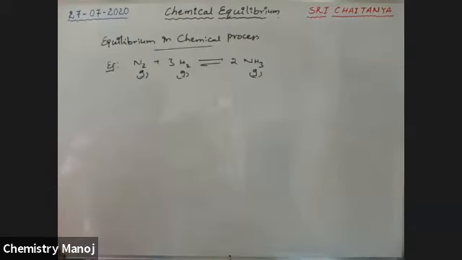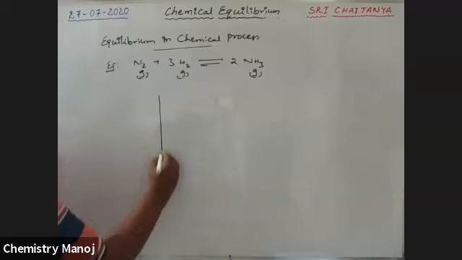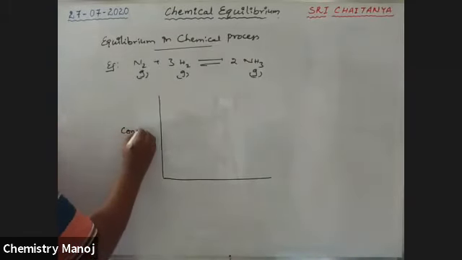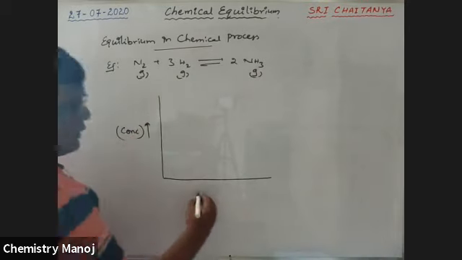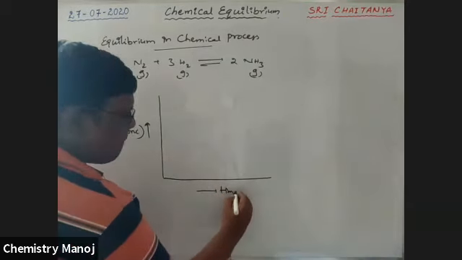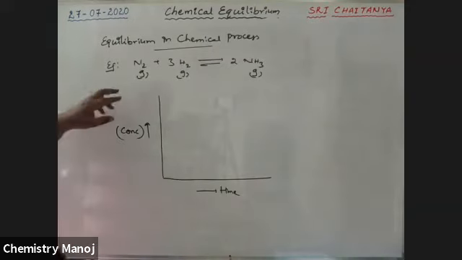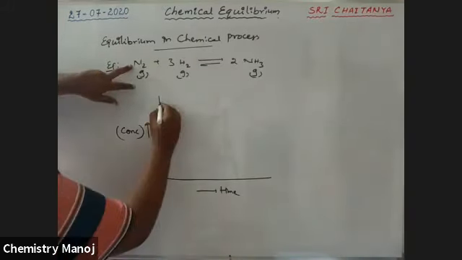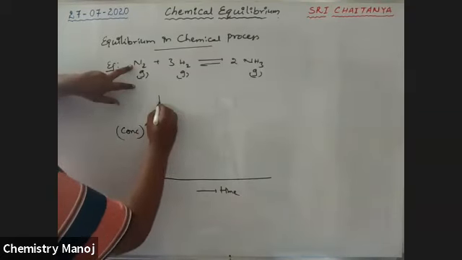So I am representing it graphically. See here. This is the concentration axis. This is the time axis. I am representing nitrogen gas. Is nitrogen a reactant or product? It is a reactant. So at the beginning, this is the nitrogen concentration.